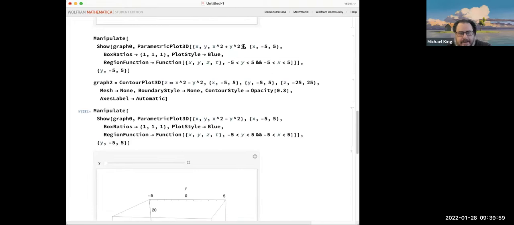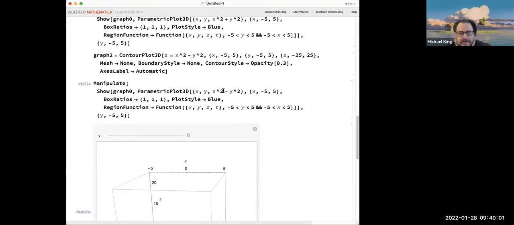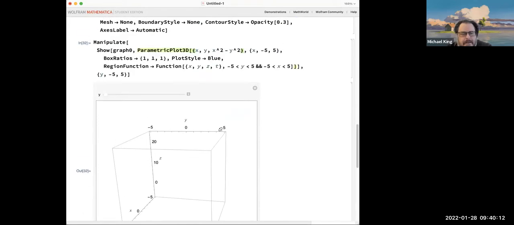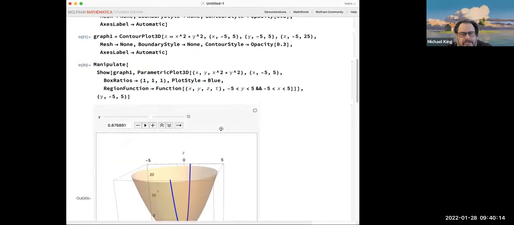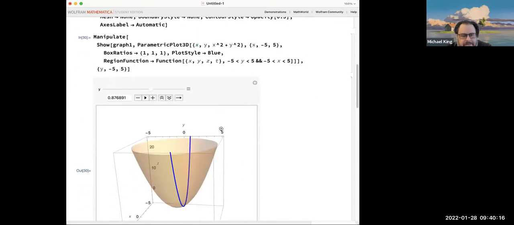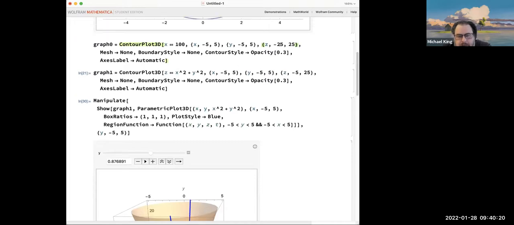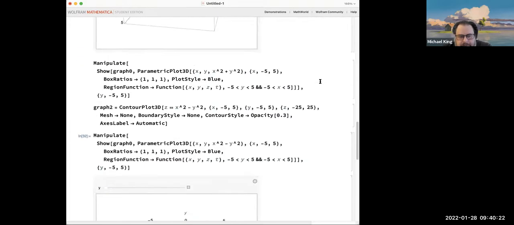So if we take X squared minus Y squared and we let Y be constant, those are still upward facing parabolas, right? I need to change something. This is kind of silly, sorry. I just want to change the Z range that's showing here. Sorry, that was kind of a random thing I did.